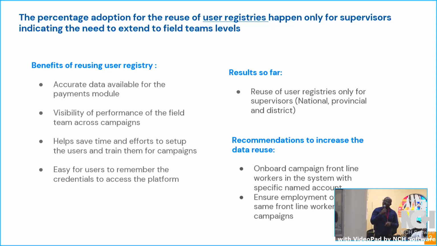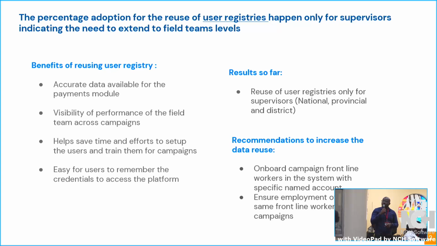One point that I want to highlight here: if we track those field workers, we can do analysis, maybe compare performance between campaigns. Someone who performed badly in one campaign may not go to another campaign. So these are things that you can do when we use data from the user registry.